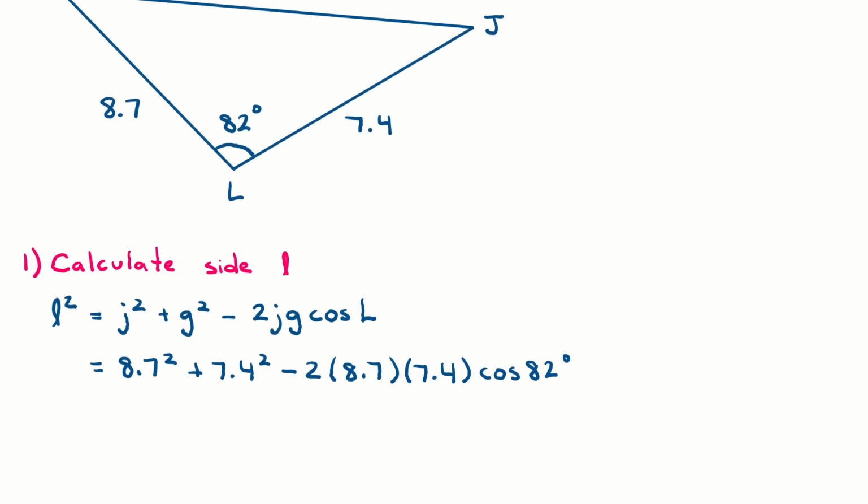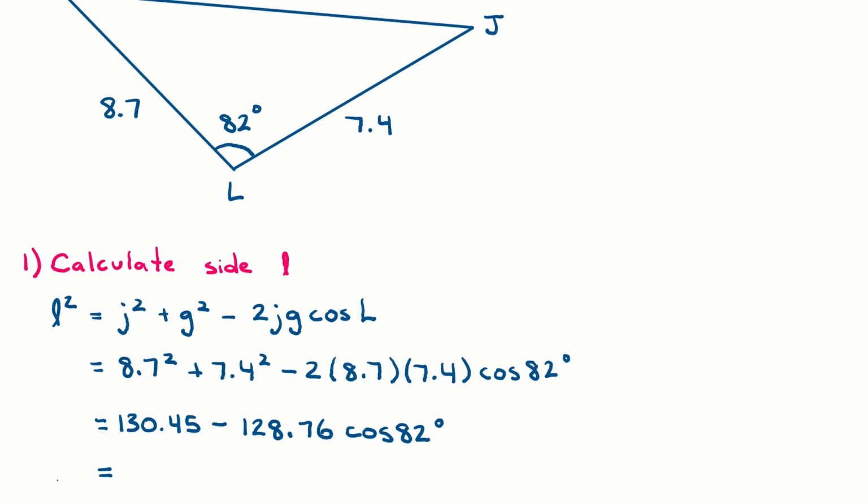Let's solve for this. So 8.7 squared plus 7.4 squared, that works out to 130.45. We are subtracting 2 times 8.7 times 7.4, which is 128.76 times cos of 82 degrees.